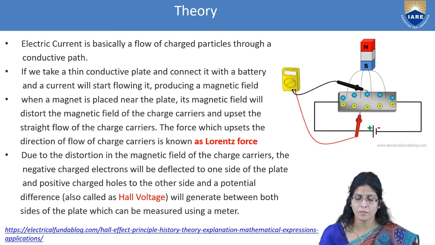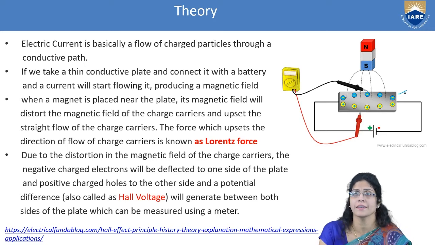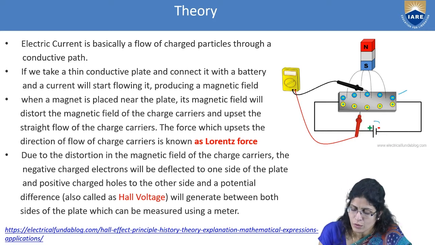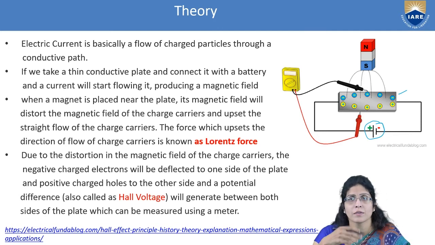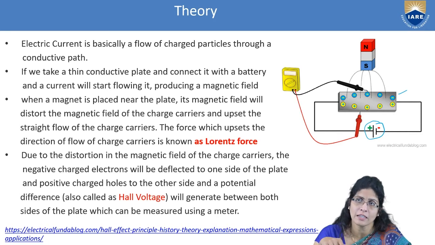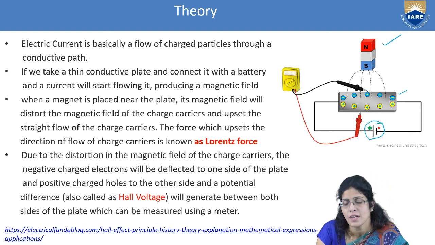This is basically a flow of charged particles through a conductive path, like the rectangular slab you have taken here. When you apply the potential, there is some charge flowing, and when the charge is flowing, it will develop a magnetic field perpendicular to its path. So this magnetic field is already there for the electron, and you are applying an external magnetic field using this magnet. So what will happen?